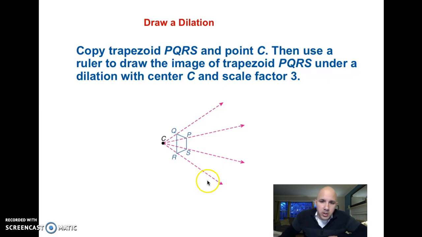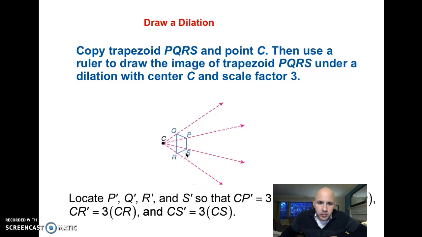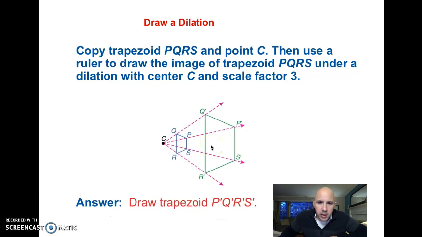Then the second thing you want to do is draw 3 units from C to Q prime, C to P prime, C to S prime, and C to R prime using a ruler. And this is what your trapezoid will look like. This is going to be your original image, and this is going to be your copied image. If you have any questions, please let me know.